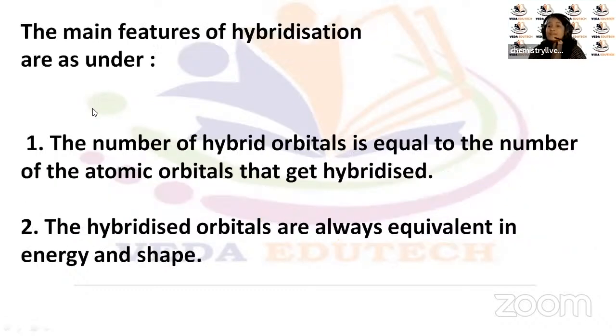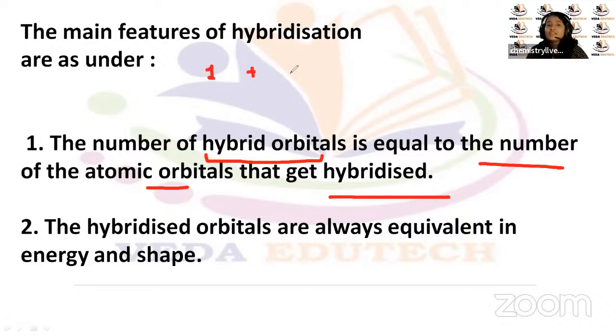Then what is essential is the main features of hybridization. This part is important. The number of hybrid orbitals is equal to the number of atomic orbitals that get hybridized. That means, suppose you are combining one atomic orbital with another atomic orbital, so a total of 2 orbitals, you are going to get 2 hybrid orbitals.